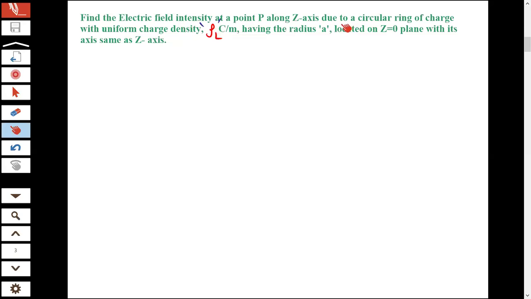The circular ring of charge contains uniform charge density of rho L coulomb per meter, where the ring radius is A and is located on z equal to 0 plane with its axis as z-axis. The estimation of electric field intensity is at point P lying along z-axis.